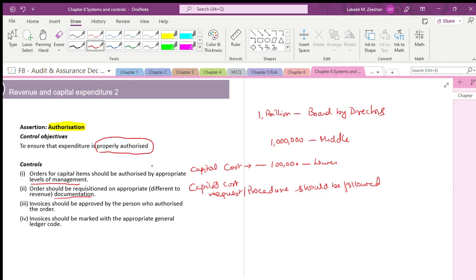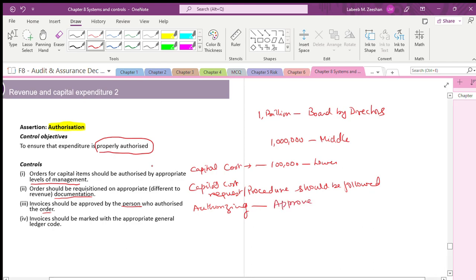Invoices should be approved by the person who authorized the order. The person who is authorizing should be the one to approve. Here we are not talking about segregation of duties. You will ask me why there is no segregation of duty.